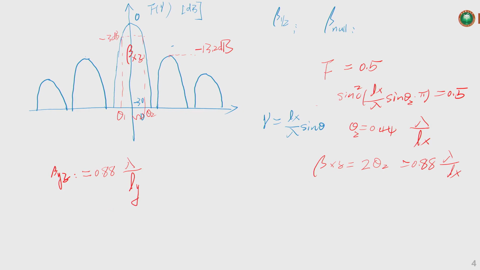Alright, so it is determined by the dimension of the aperture. This is in the unit radian. Here you can see that this part corresponds to the beam width in the x or theta plane and the x or y plane. So this is the beam width.